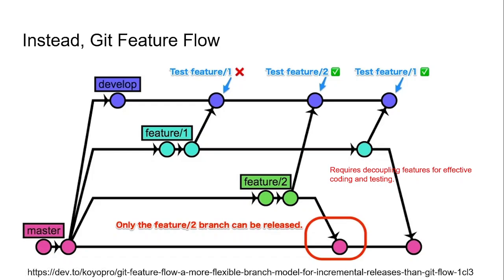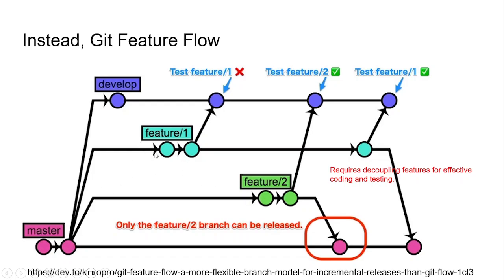So there should be a better way to do this, right? That better way is Git Feature Flow. For this case, we use the same example and we change the flow to Git Feature Flow. We have a master branch. From the master branch we get the develop branch where we run the tests, and we have feature branches, feature 1 and feature 2.